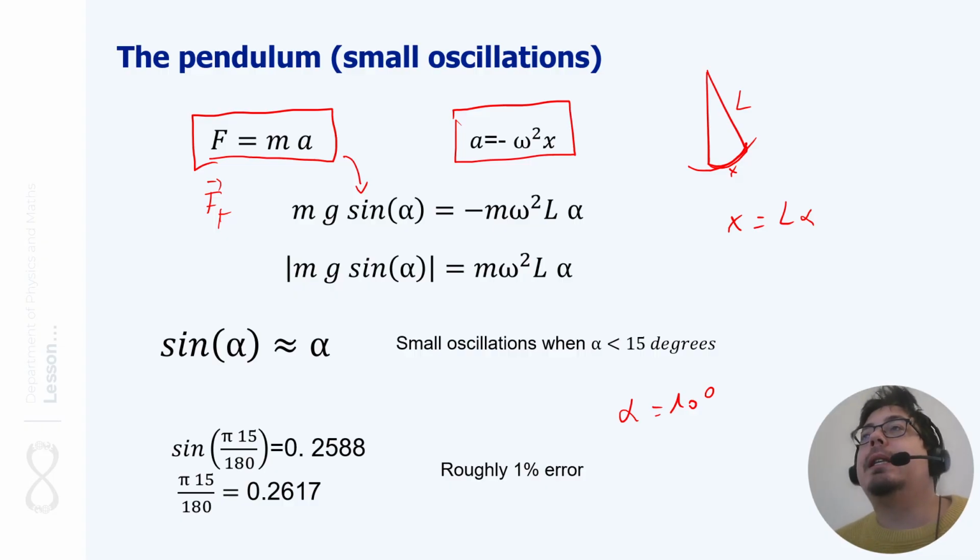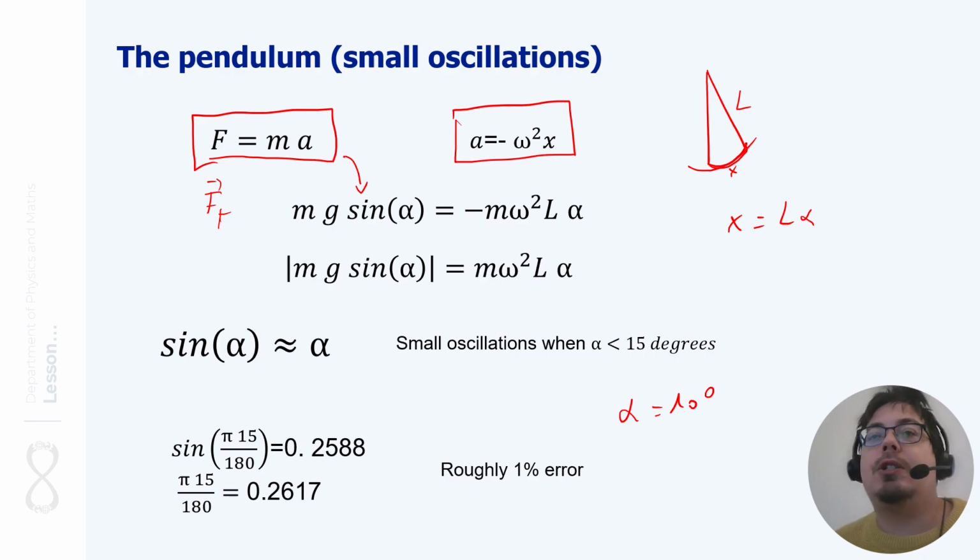So we can take an imaginary line at 15. We say that after 15 we don't want to tolerate error, or we can even tolerate more than 1%. That depends on our experiment and our goal, basically. But we know that roughly 1% error is at 15 degrees.